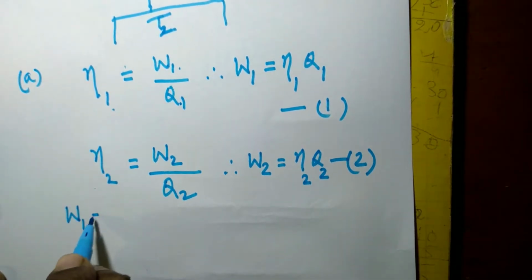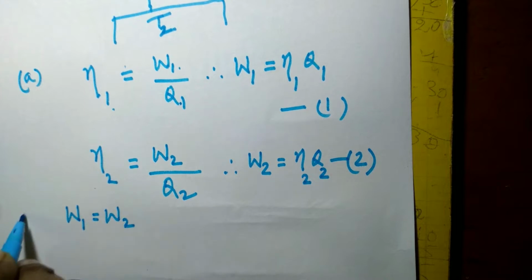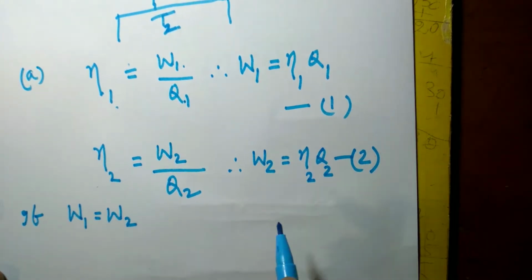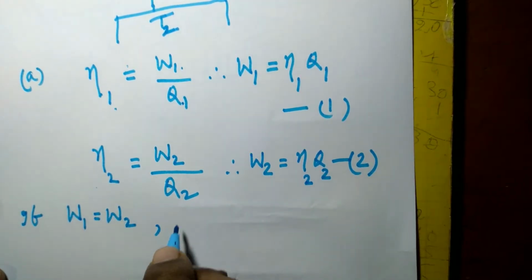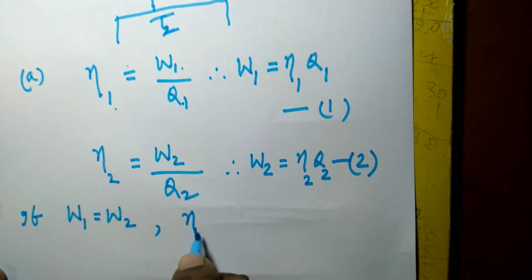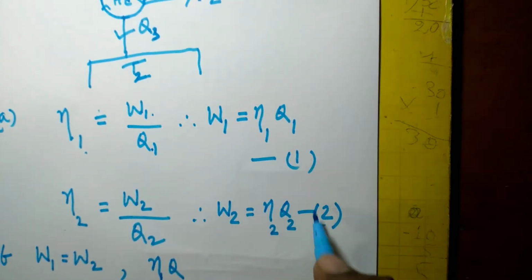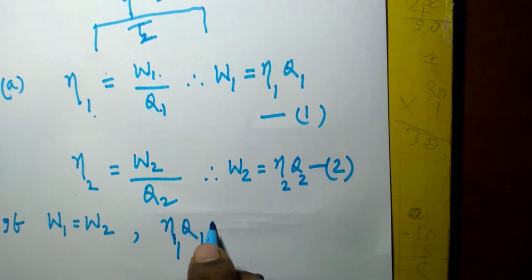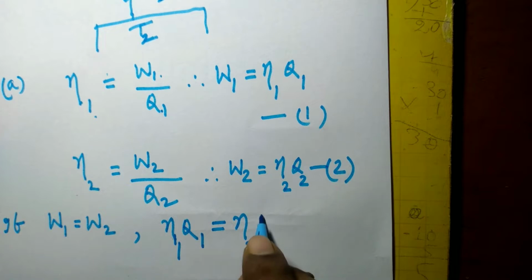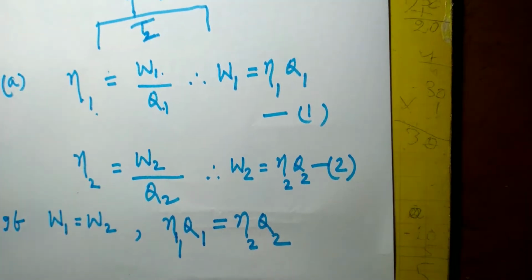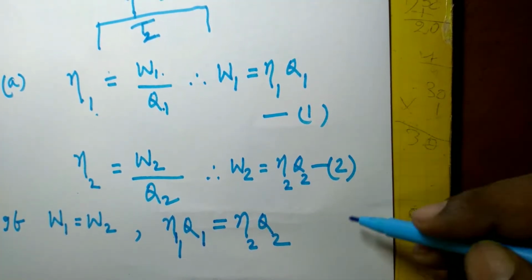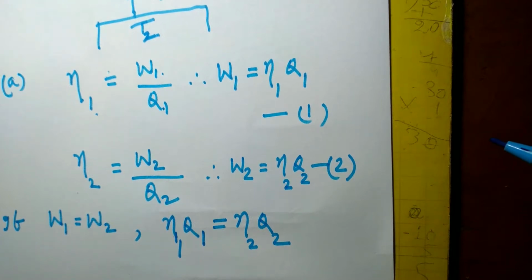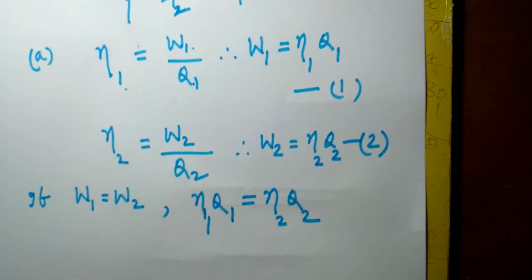if W1 is equal to W2, what I can say by these two equations is that efficiency of engine 1 multiplied by Q1 is equal to efficiency of engine 2 multiplied by Q2, from equations 1 and 2. Since it is given that the work output of two engines operating in series is the same, this relation holds good.